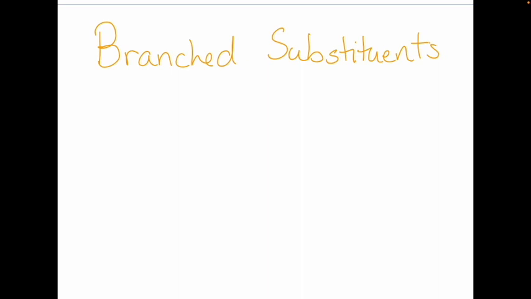So, what do I mean by branch substituents? This is something that's going to come up, generally speaking, in longer compounds, right? Larger compounds. So let's say that I have something with this nonane parent chain, 9 carbons long. 2, 4, 6, 8, 9, yep.